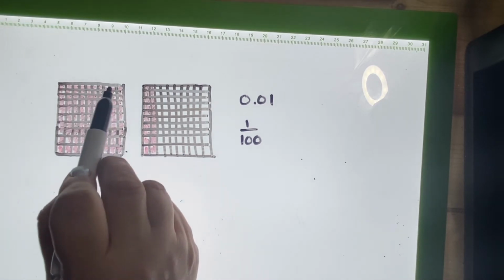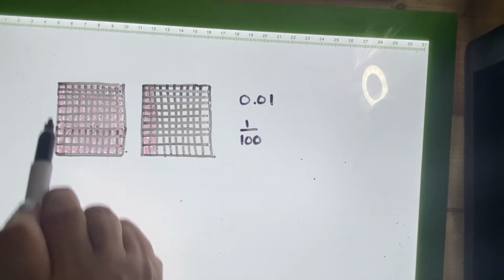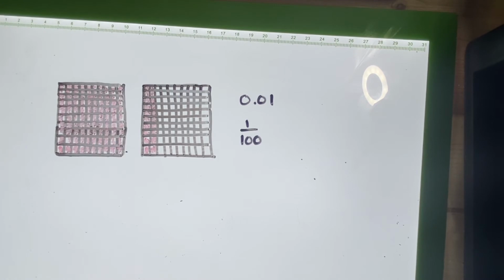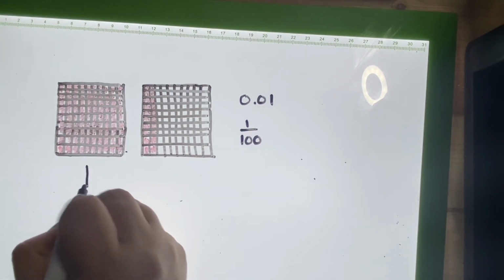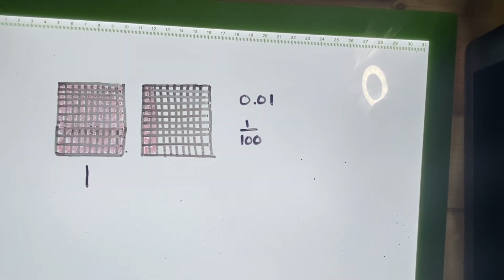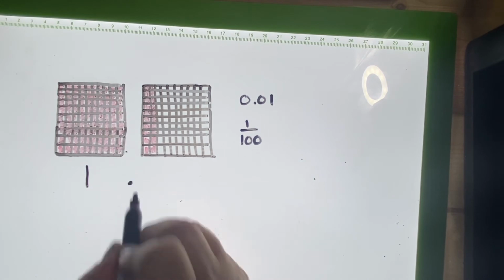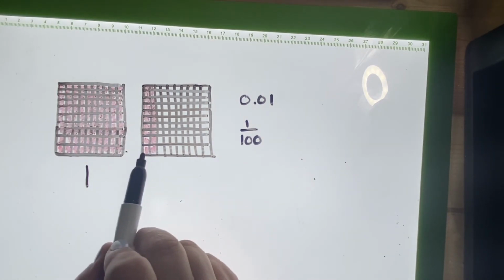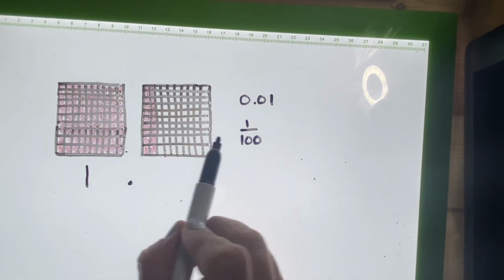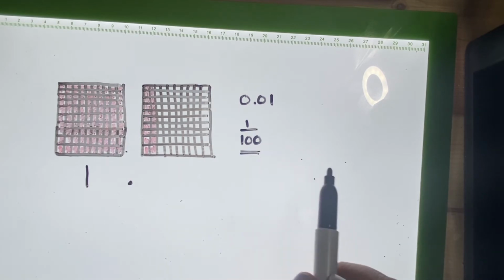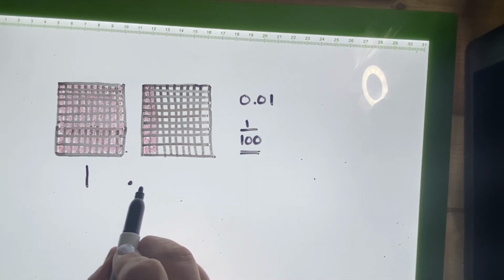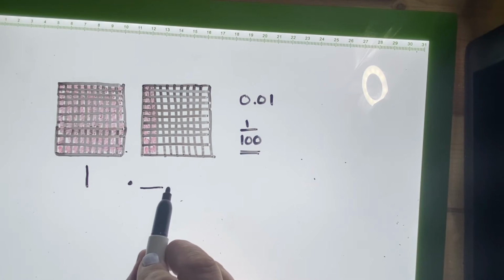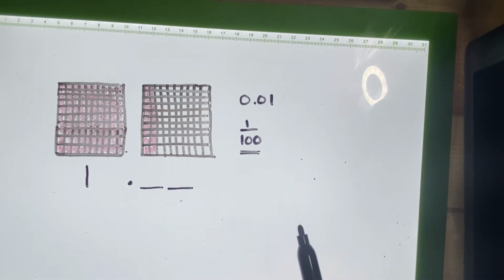I've got one whole shaded in. So I have one whole right here. And like I said before, this is broken into hundredths. So not tenths, but hundredths.